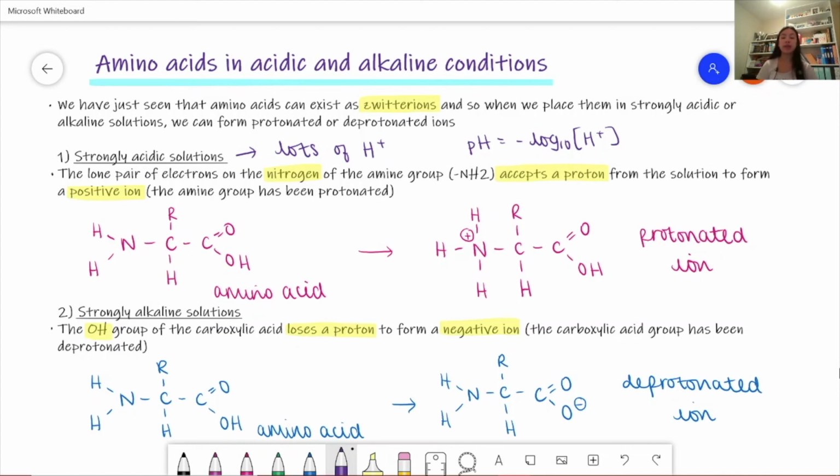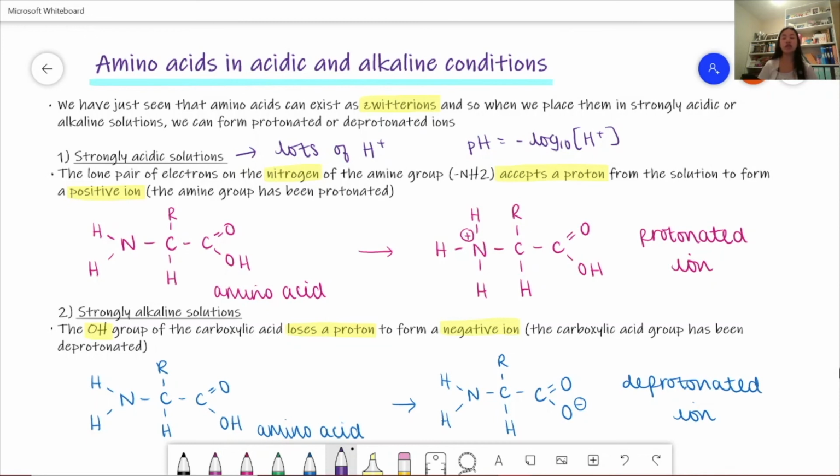So if we put an amino acid into it, the nitrogen will want to accept protons, because there are so many protons floating about in the solution. And nothing will happen to the carboxylic acid group because we can't take any H pluses away, as nothing's attracting an H plus. There's loads of H pluses in the solution.